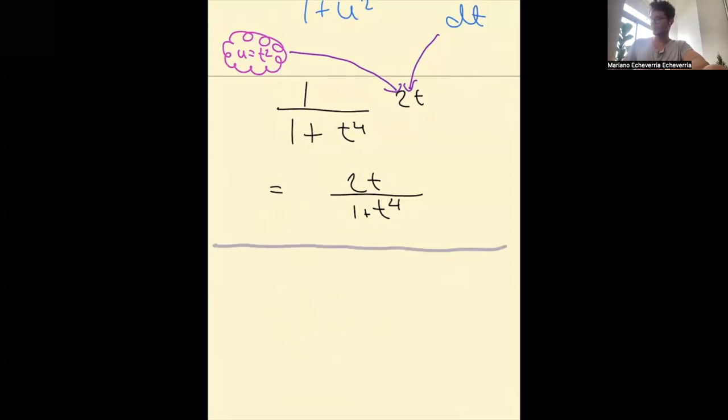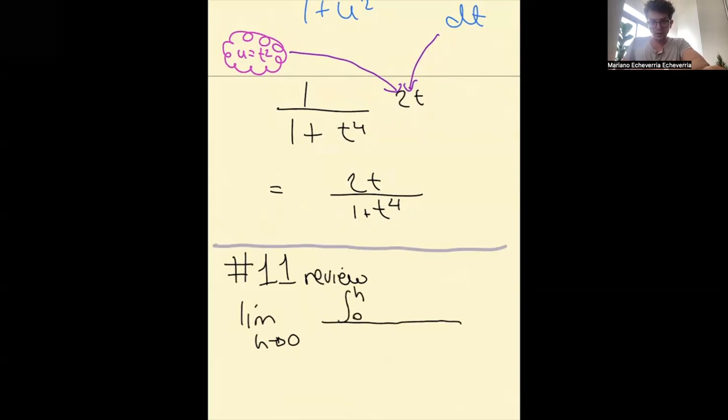So maybe let's do this one, which was a limit as h goes to 0 of the integral from 0 to h of 1 minus cosine of x dx over h squared.